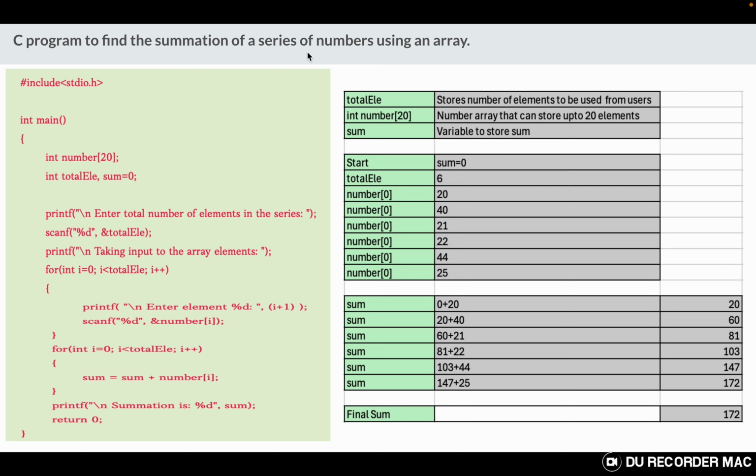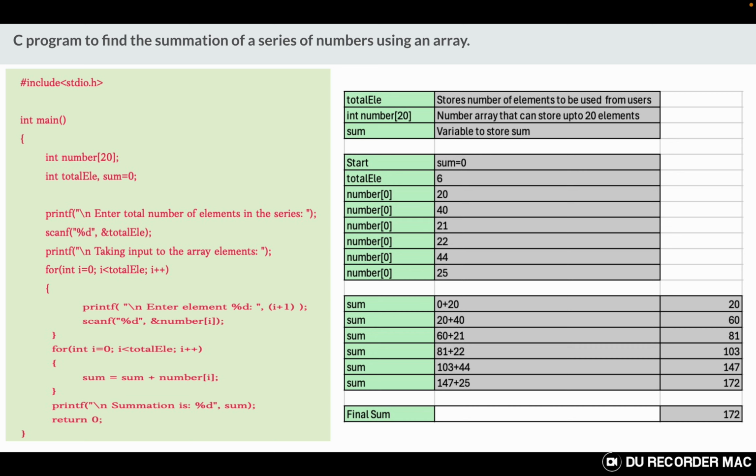Initially we ask the user how many numbers they want to enter. Say the user has entered 6. Then the user will write all the numbers one by one, 1, 2, 3, 4, 5, 6, and once done, the program will finally print the sum of all the elements that the user has entered.